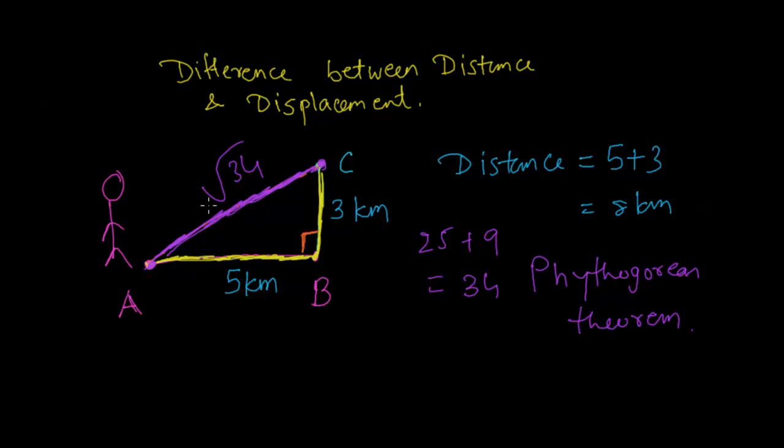So our displacement is under root of 34, whereas our distance is 5 plus 3 is equal to 8.